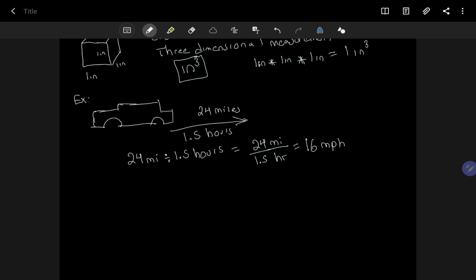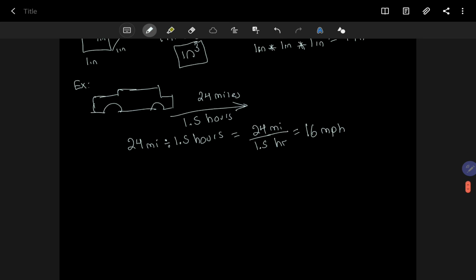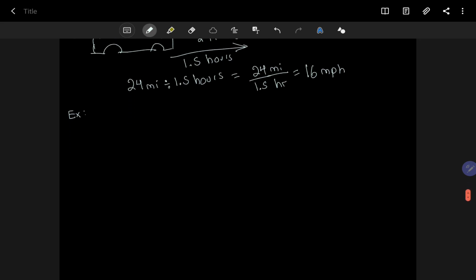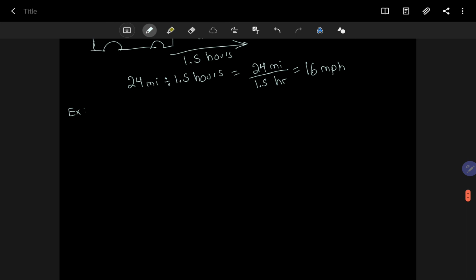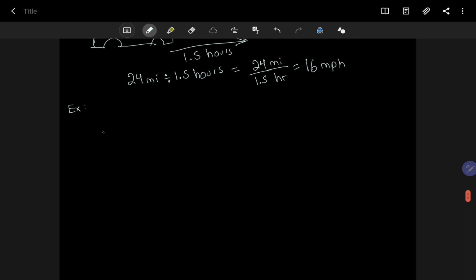Alright, so here, let's do the last one. Let's say you're trying to fix part of the floor, a single part of the wood on the floor, and you ask your sibling to measure it out. And your sibling gives you the following measurements: 4.35 feet by 3.6 feet.